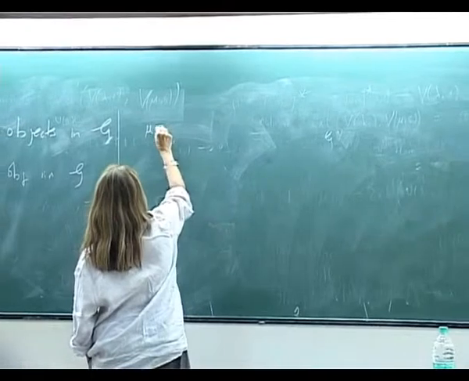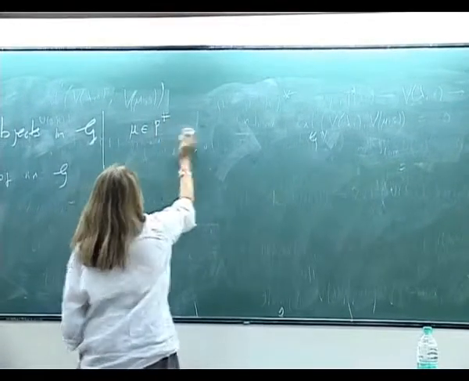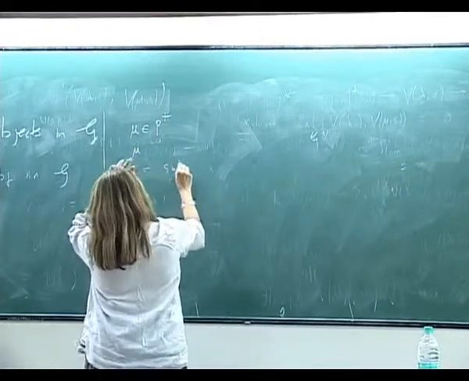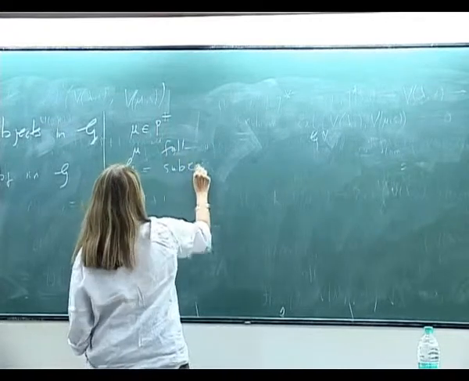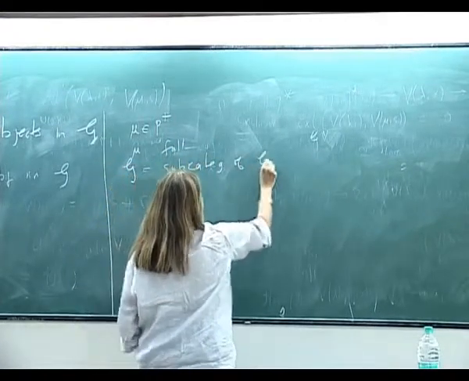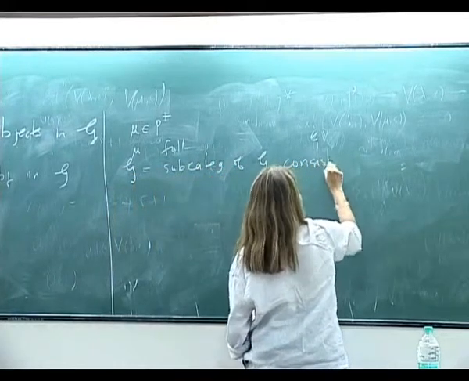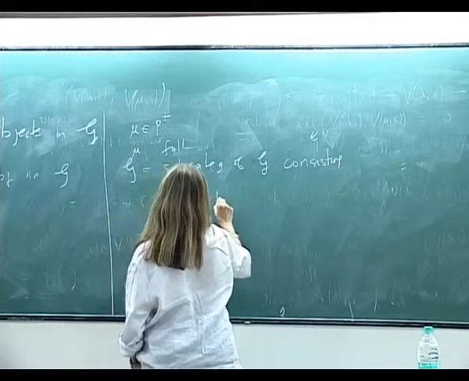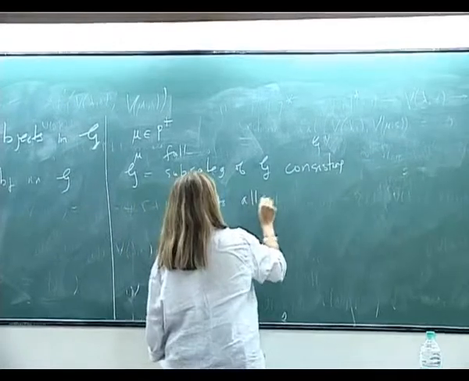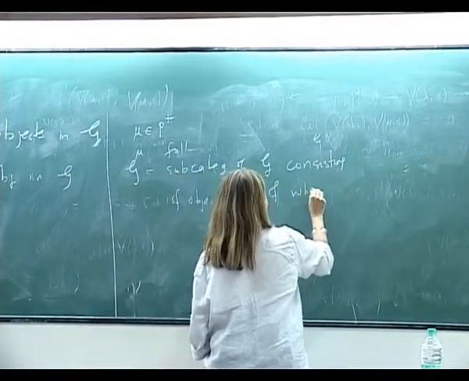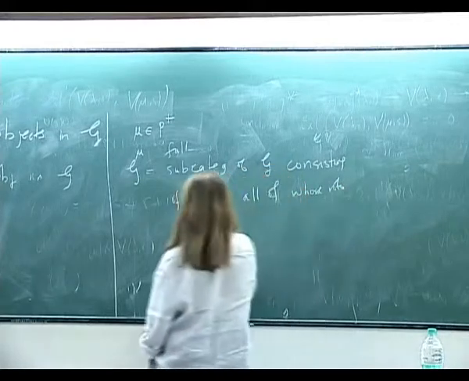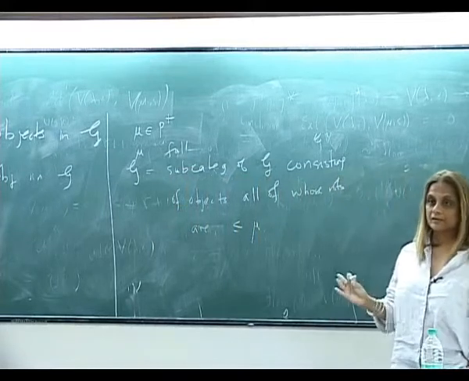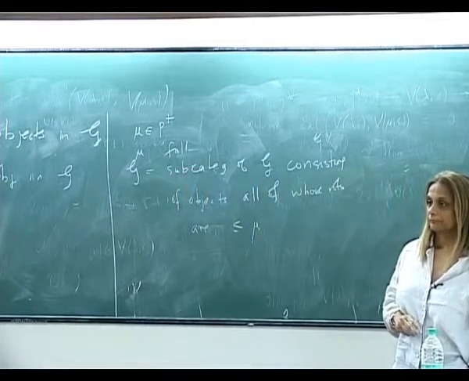Supposing I take mu in P plus, I'm going to define a subcategory G mu, the full subcategory of G consisting of objects all of whose weights are less than or equal to mu. You don't want the weights of your module to become too big.